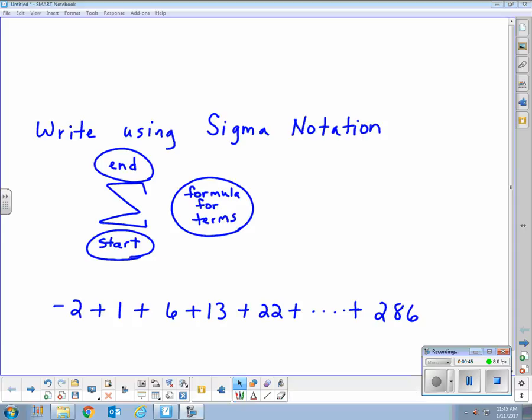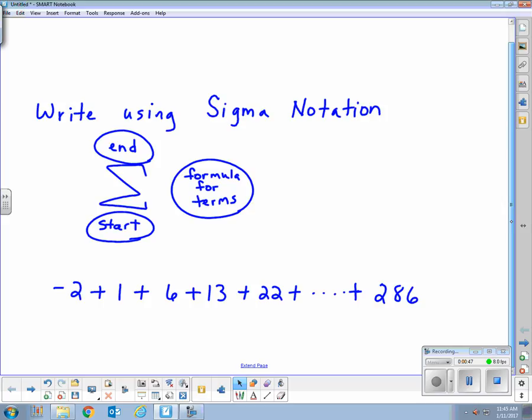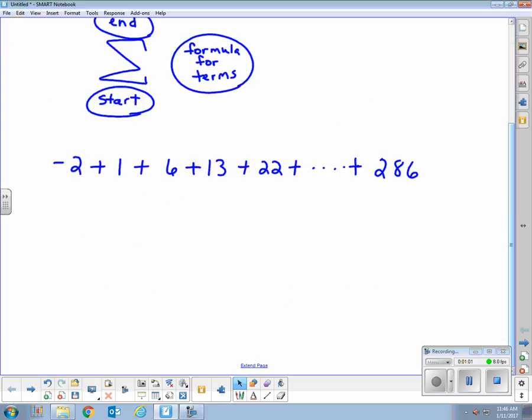So I like to start by finding the formula because that formula will help me figure out where this series ends. So we're given this particular series. Investigating, it doesn't look like it's arithmetic or geometric. So I'm going to kind of have to play around with it to figure out what type of series it is, or sequence, if I were to just look at the numbers.